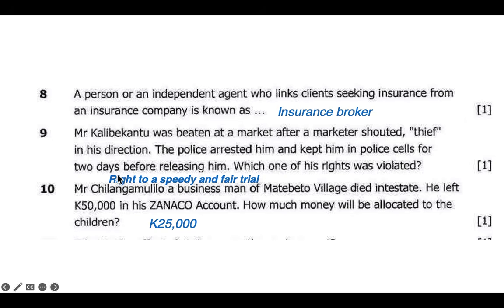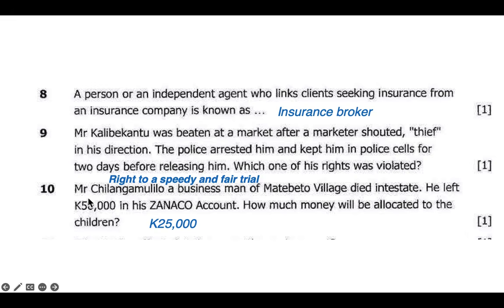We have the right to a speedy and fair trial. This question is coming from types of crimes, and also the rights of a person who is prosecuted. So we have the right to a speedy and fair trial. These rights were violated.